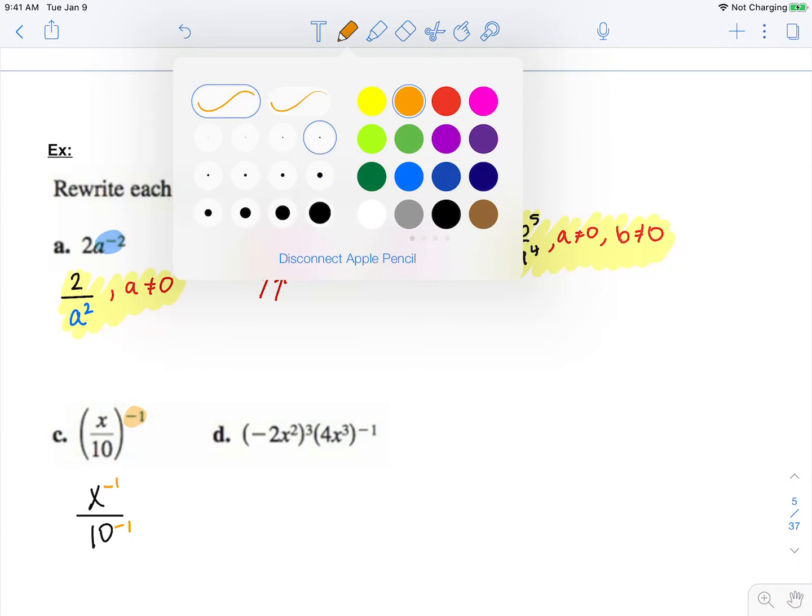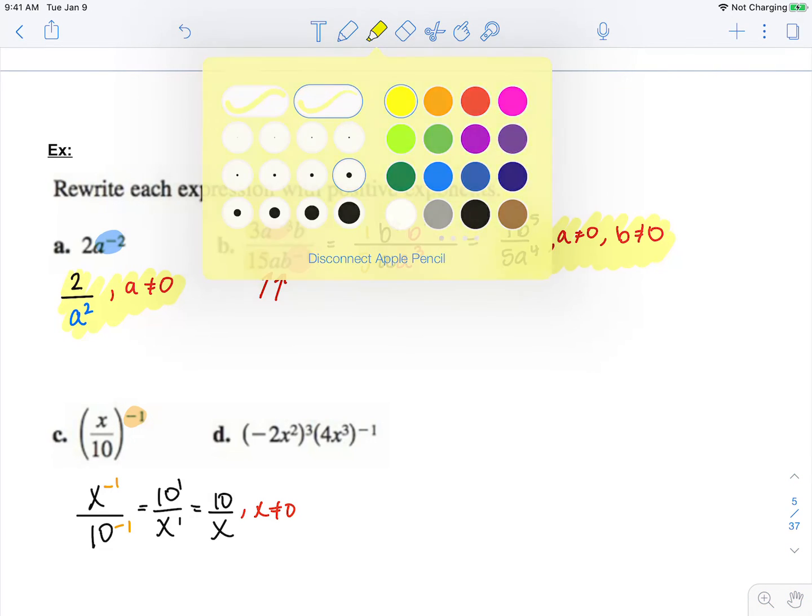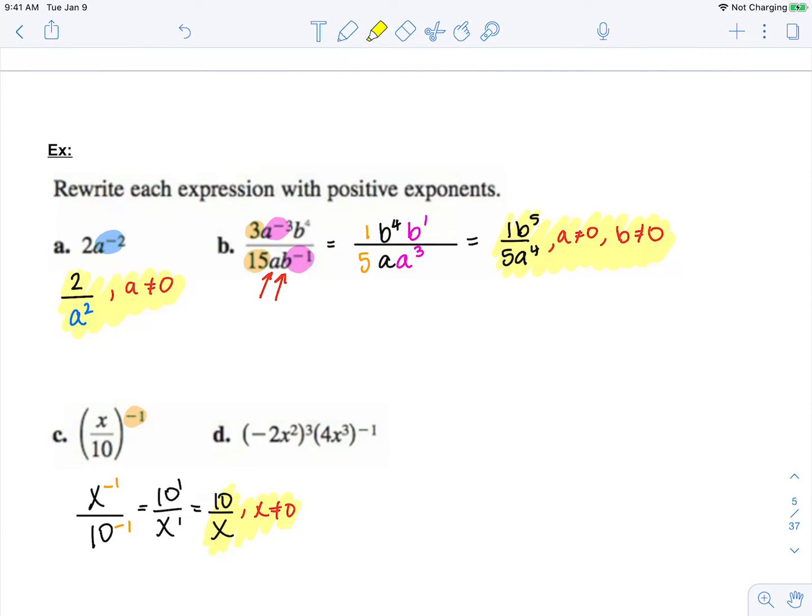Once again, you might do this differently than I do. Now, in order to make those negative exponents positive, I'm going to switch them around. So this becomes 10 to the 1 over x to the 1, or 10 over x. And since x moved into our denominator, x cannot equal 0, so we don't have any undefined values.